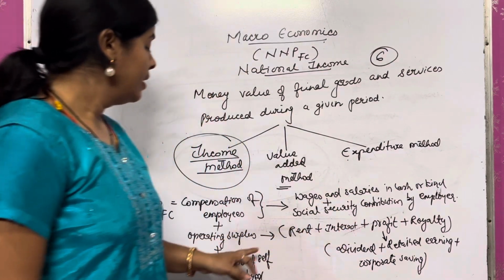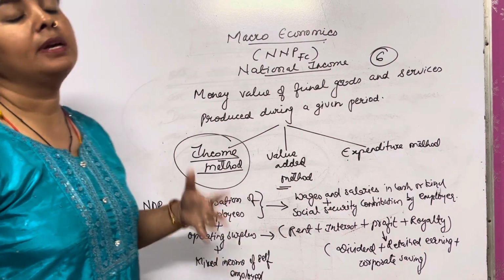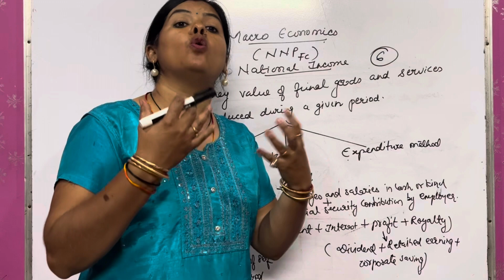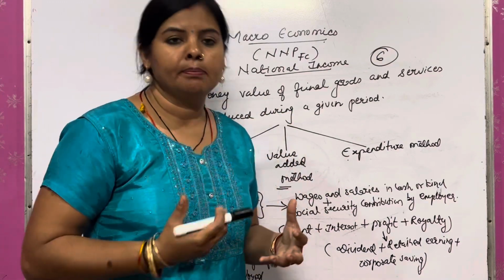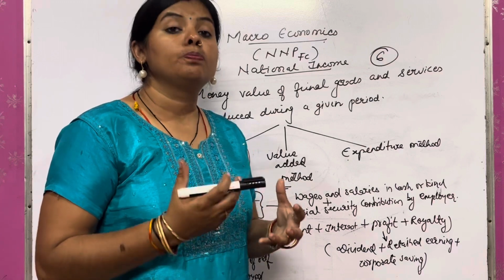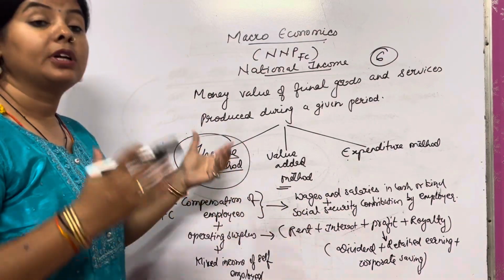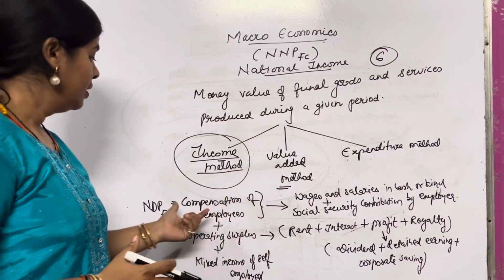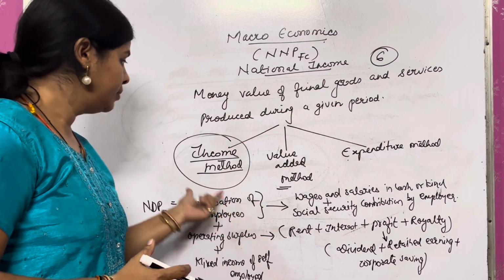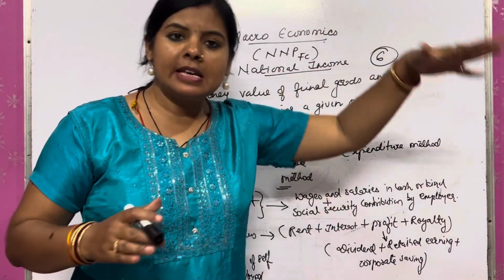Clear? But what is mixed income? Mixed income means the income of persons who are doing their own business. They have their self business, so they are earning money from that. Through this method, the country can calculate the national income by adding up, in the income method, whoever is earning.